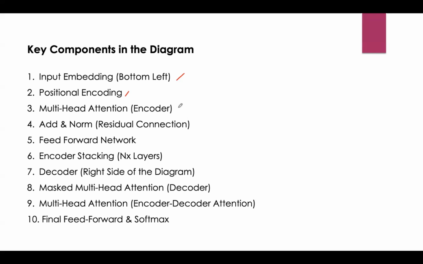Then coming to the multi-head attention in the encoder part. The encoder contains multi-head self-attention layers, and self-attention allows the model to focus on relevant words in the sequence. It uses terms like query, key, and value in order to calculate attention. Again, there is a formula for this.